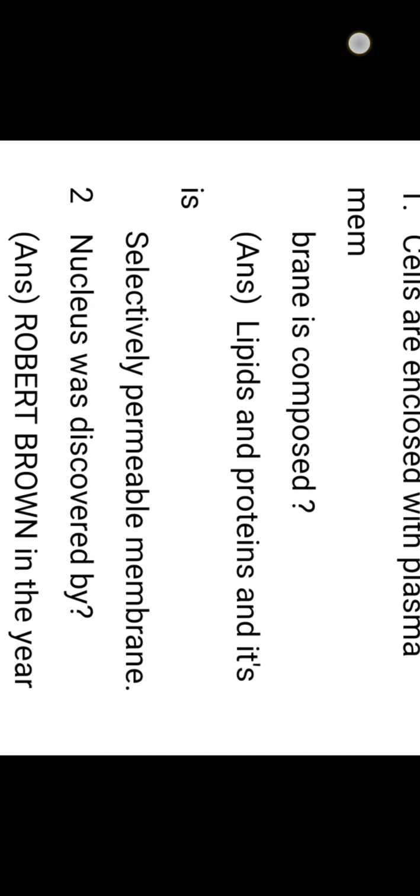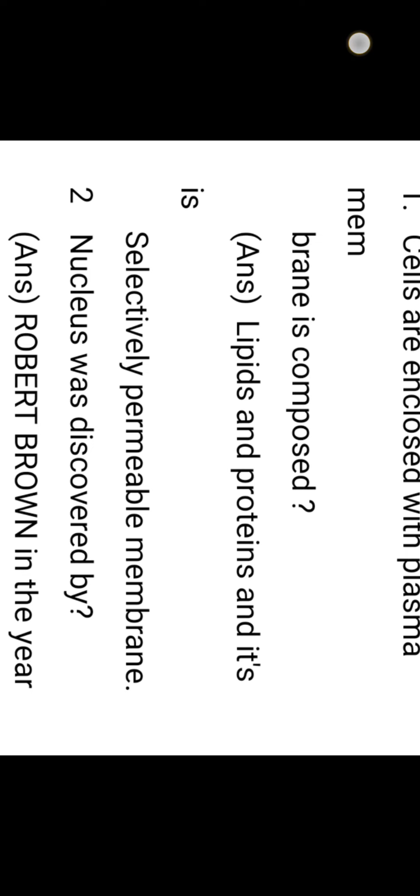The cell is enclosed by a thin outer boundary called the cell membrane. It is a membrane that allows only some substances and molecules to pass into or leave the cell.